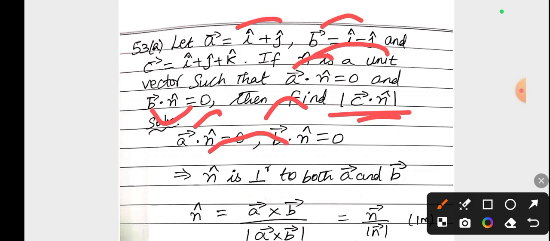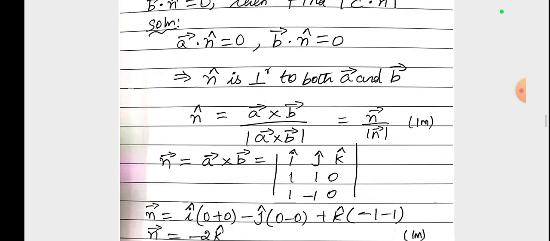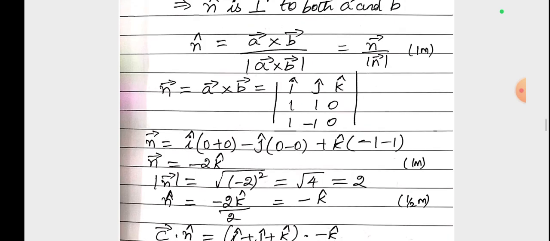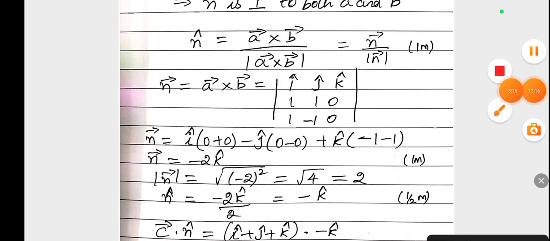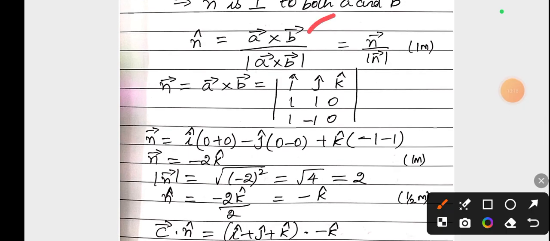If A dot B is 0 and C dot B is 0, then that B which is common is perpendicular to both. Because n cap is perpendicular to A vector also, n cap is perpendicular to B vector also. Once it's perpendicular, we can apply this formula: n cap equals A vector cross B vector by magnitude of A vector cross B vector.